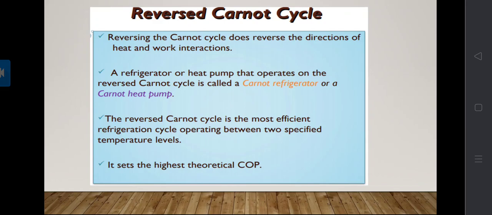A refrigerator or a heat pump that operates on reverse Carnot cycle is called the Carnot refrigerator or the Carnot heat pump. The reverse Carnot cycle is the most efficient refrigeration cycle operating between two specified temperature levels, that is low temperature and high temperature levels, and it sets the highest theoretical COP, that is coefficient of performance.